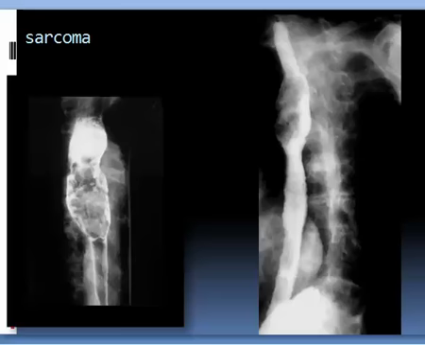In sarcoma, it is usually endophytic, exophytic. That means that a part is seen within the lumen and a greater part is seen outside. Here you can see the soft tissue shadow around the mass, and the mass is inside, causing irregularity. And at the same time, the mass is bulky.